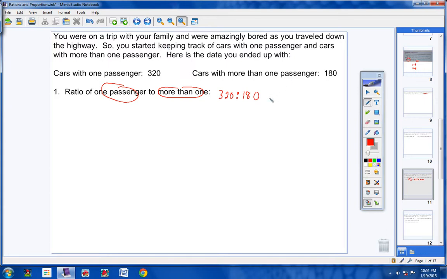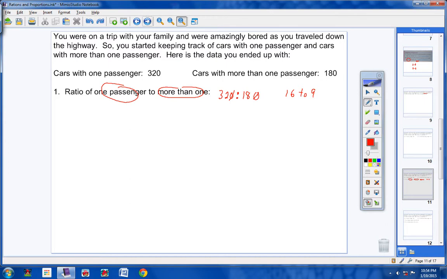I do not have to tell you that, okay? So if you reduce this, cross a 0 off, you're left with 32 and 18. And 2 goes into both of these, so you're left with 16 to 9 as your ratio. Now, you can write it with a colon, or you can write 16 over 9. I have no preference at all, okay? It's totally up to you.